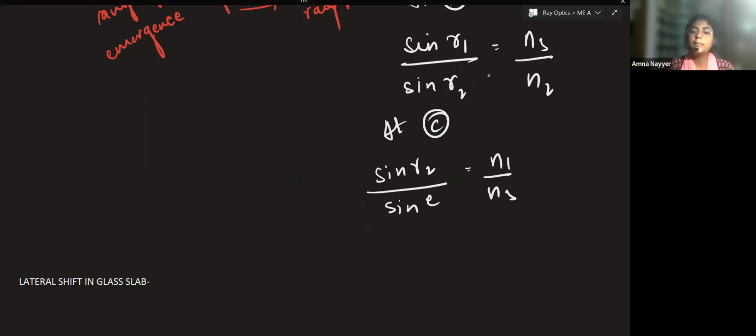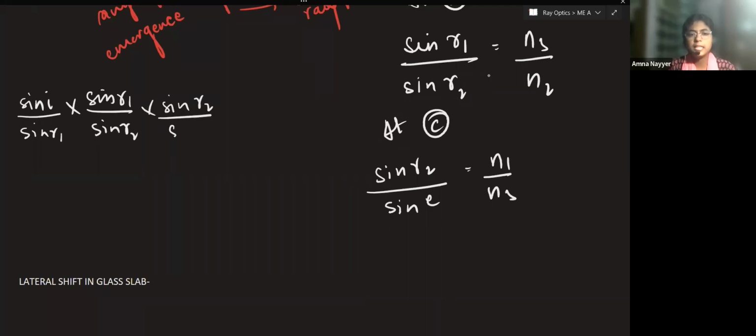So if you multiply all these three, see, it will become what? Sine i by sine R1 multiplied by sine R1 by sine R2 multiplied by sine R2 by sine E. This is equal to what?